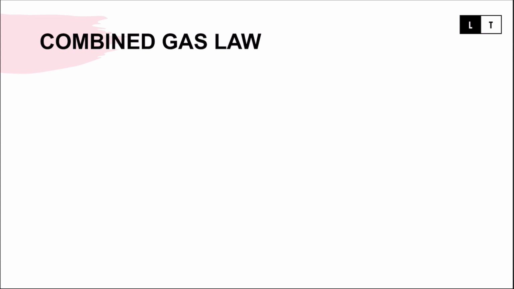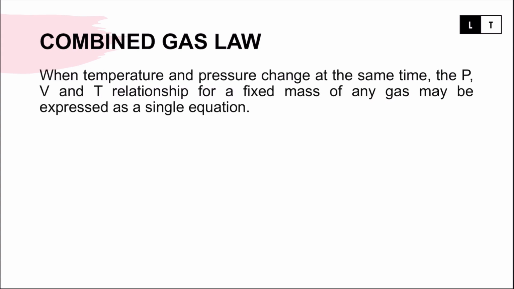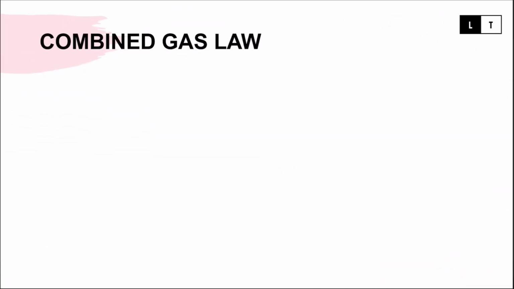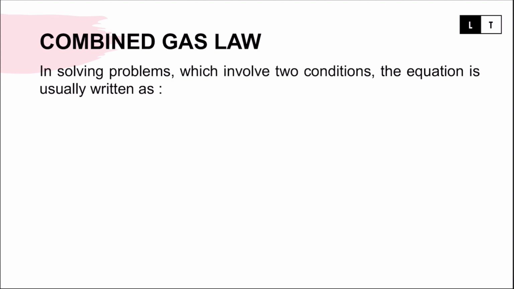So, apa yang dimaksudkan dengan combined gas law dekat sini? Sekiranya temperature and pressure change at the same time, pressure, volume and temperature, awak akan dapat another formula iaitu this one. And then, sekarang kita nak apply dalam problem solving. So, bila kita nak solve the problem, apabila kita involve two conditions right now iaitu dua parameters.